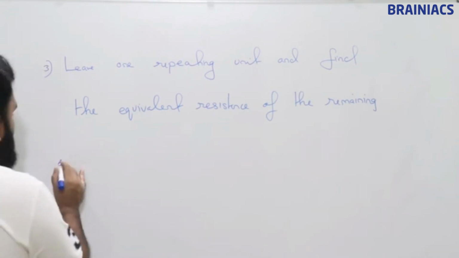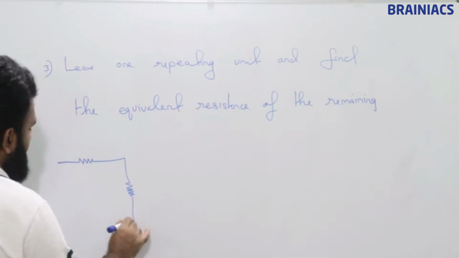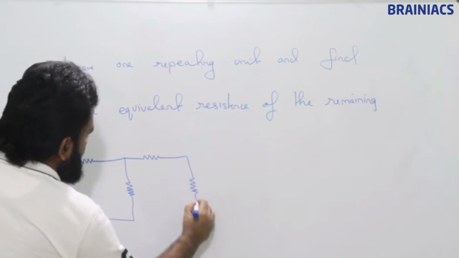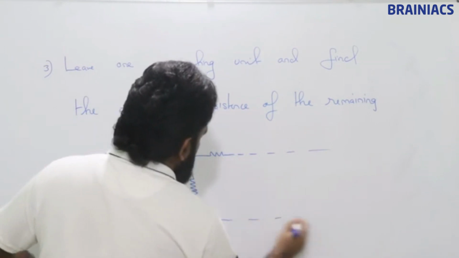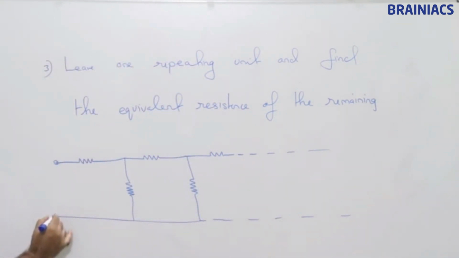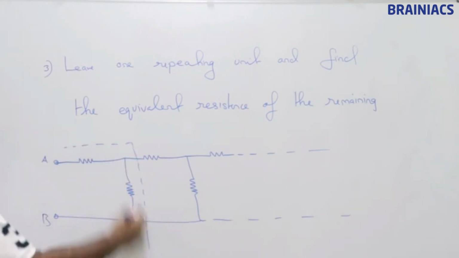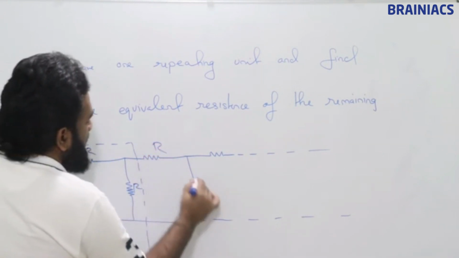So here, this is the repeating unit. So it goes like this. Okay, this is terminal A, terminal B. Now leave this part. Find the resistance of the remaining. Okay. Now this is R, R, R, R.